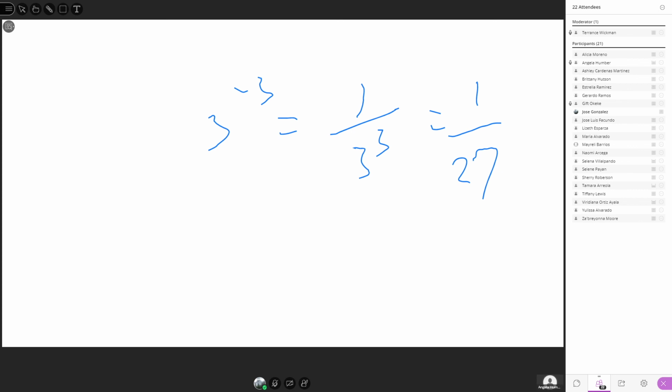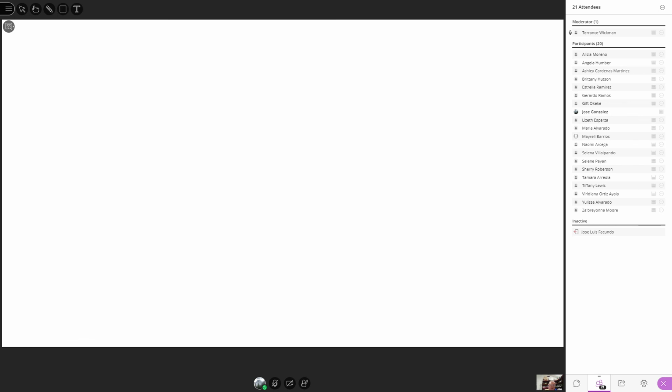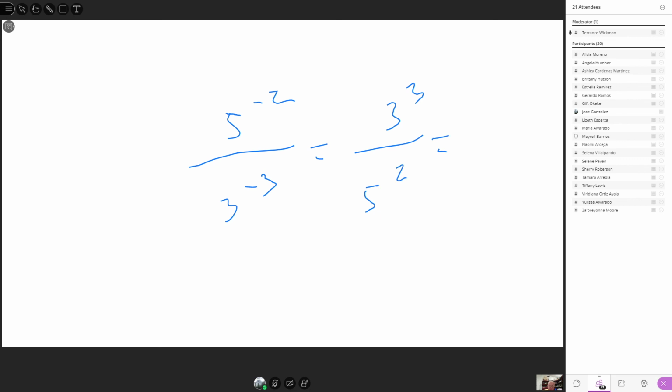Yes. Good. If you understand what I just did, then this next problem should work for you. You'd write 3 to the third power over 5 to the second power. By the way, I see that when everybody leaves, though. So 5 to the second power is 25. 3 to the third power is 27.